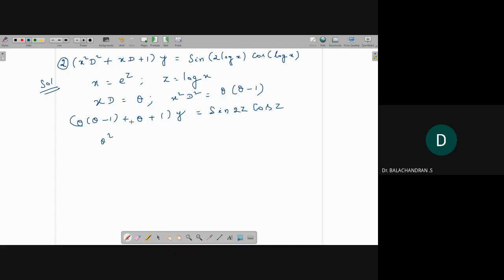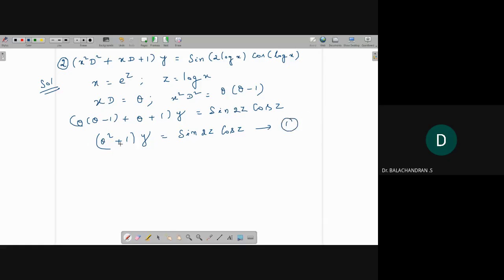Theta square minus theta plus theta gets cancelled, so theta square plus 1 into y equal to sine 2z into cos z. I call this equation 1.